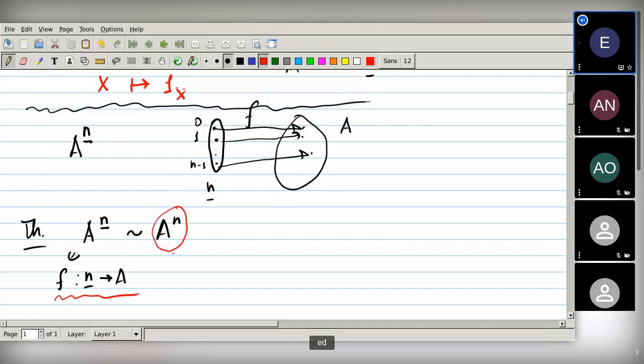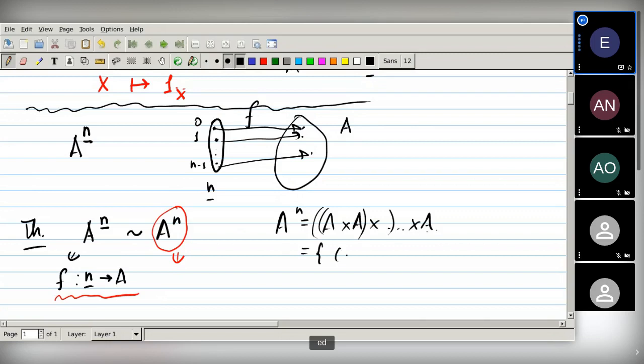But who dwells here? Which objects? What is A to the power n? What is it? The Cartesian power. A times A and so on times A, n times. What is it?